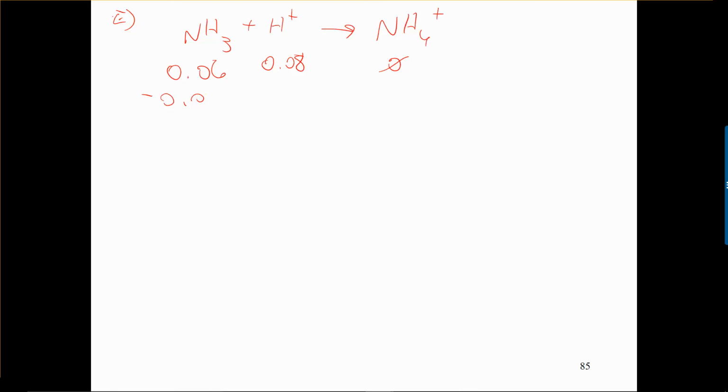Oh, wait. So what am I going to do here? I was about to do it, but I want you guys to tell me. The smaller one is the one that goes to 0, right? 0.06 minus 0.06 goes to 0, 0.08 minus 0.06 goes to 0.02, and this goes to plus 0.06.